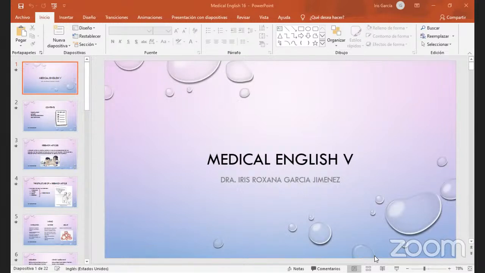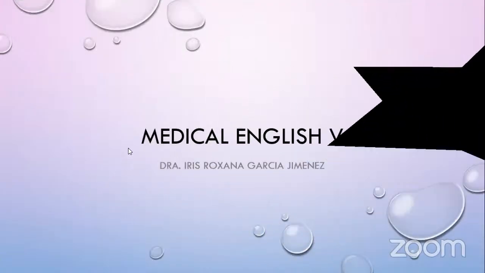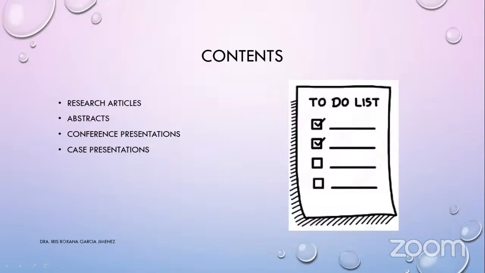Today we have some specific topics to check. We are going to talk about research articles and abstracts. In both of them, we are going to check the parts and ideas on how to recognize these specific papers.